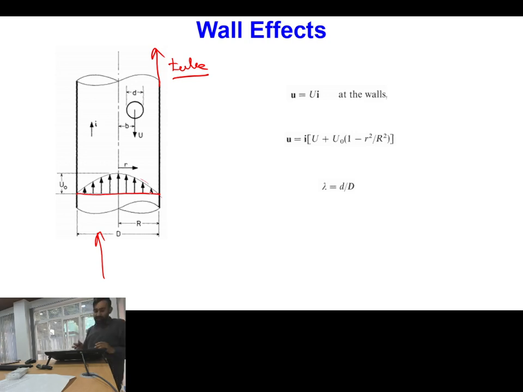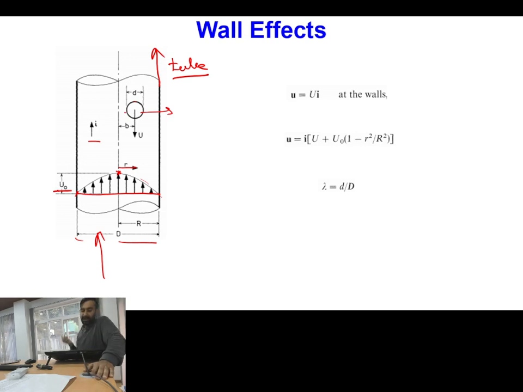Okay, so in this laminar velocity profile at the center of the tube we will have the highest velocity u0, and as we shift towards the wall, the value of velocity will decrease parabolically and at the wall it will become 0. Okay, and this is the diameter of the tube. This is the radial direction measured from the axis of the tube, and here this is direction I, so flow is happening parallel to the ith direction, and here I have a spherical fluid particle or solid particle, it can be any.